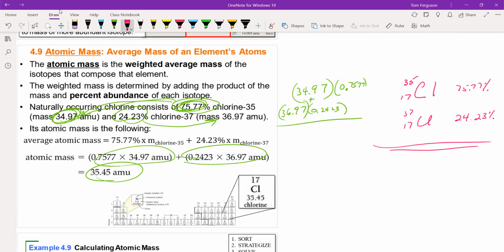We need to figure out how this number here is derived. So you look at the atomic mass, which is the top number of each isotope, and multiply by the percent.